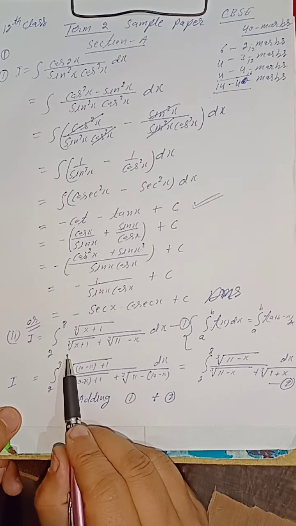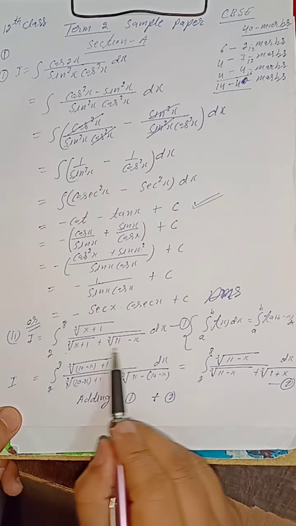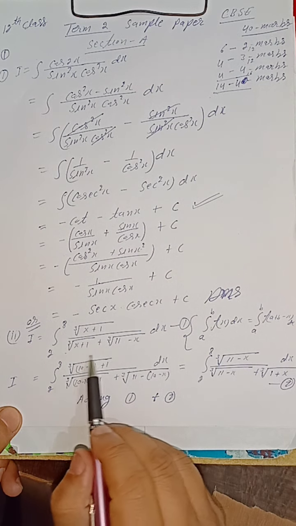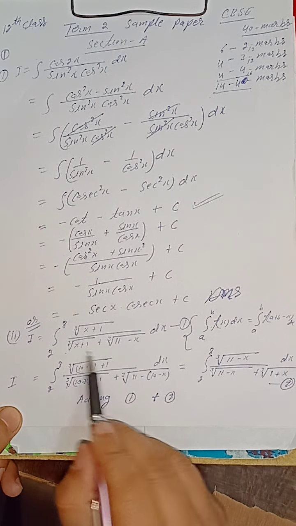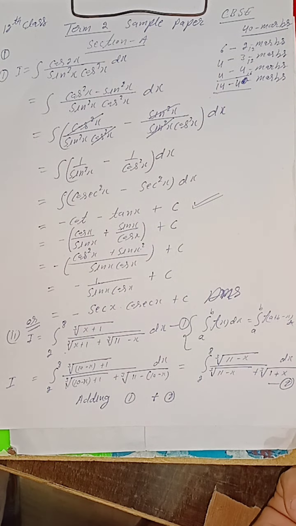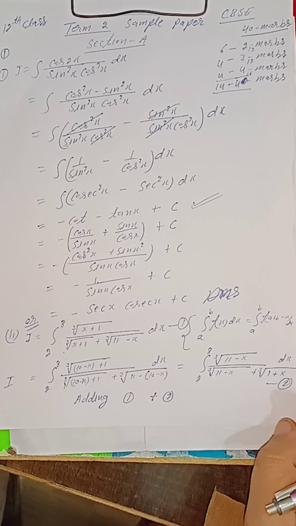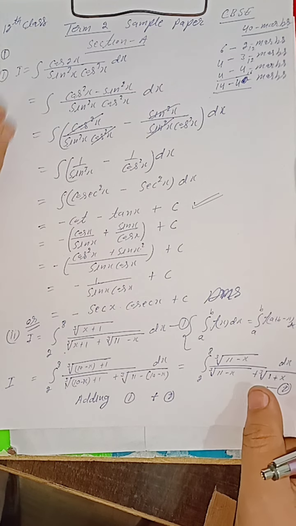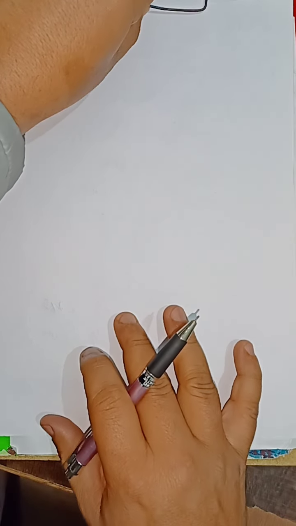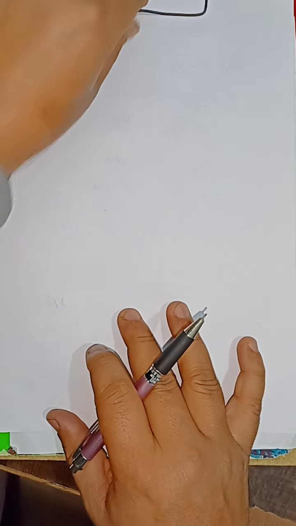The similarity is denominator of both number 1 and number 2 are same, x plus 1, 1 plus x, that is 1 plus x. So when we add, the left side will be added to left side and the right side will be added to right hand side.